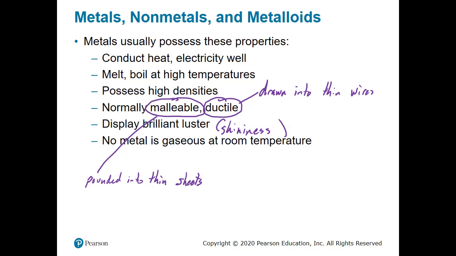Mercury is a liquid. And virtually none of them, with the exception of mercury, really even vaporize all that easily. Mercury, because it is in the liquid phase, does exhibit a small vapor pressure. It does slightly evaporate, but not considerably.